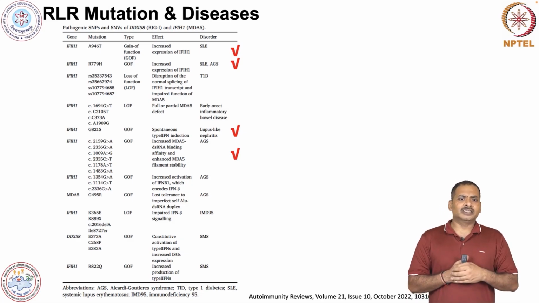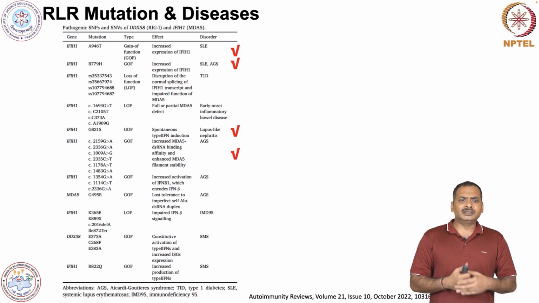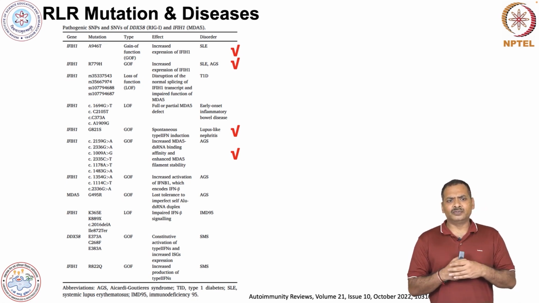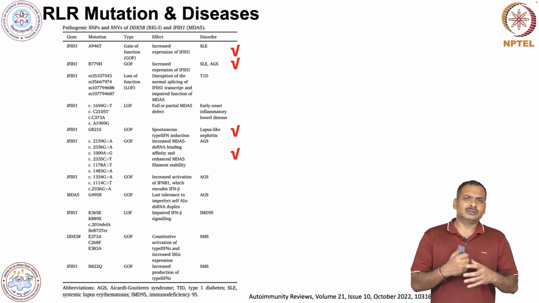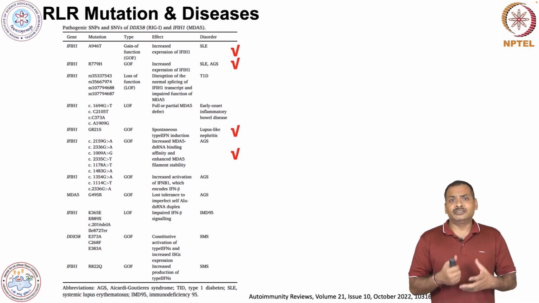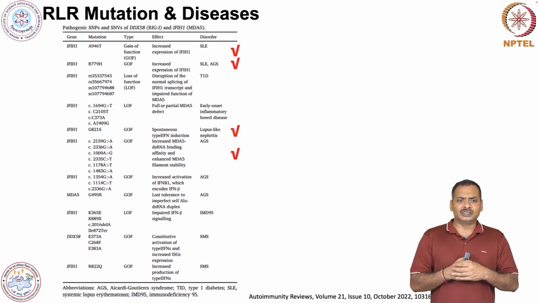Basically this increases the MDA5 double stranded RNA binding affinity and enhances the stability of the MDA5 complex, and then that activates the signaling more, and that results in various diseases.